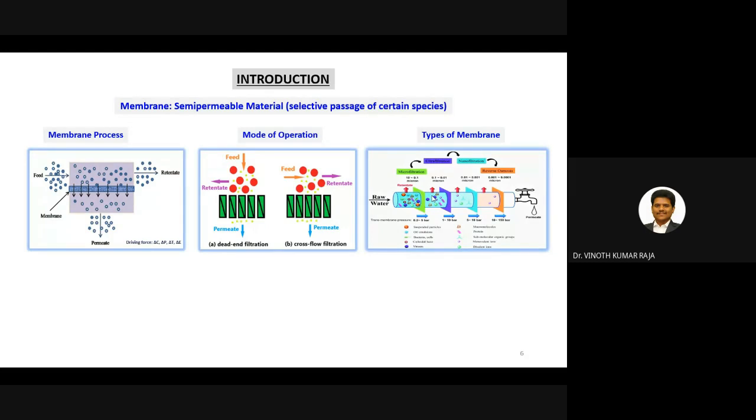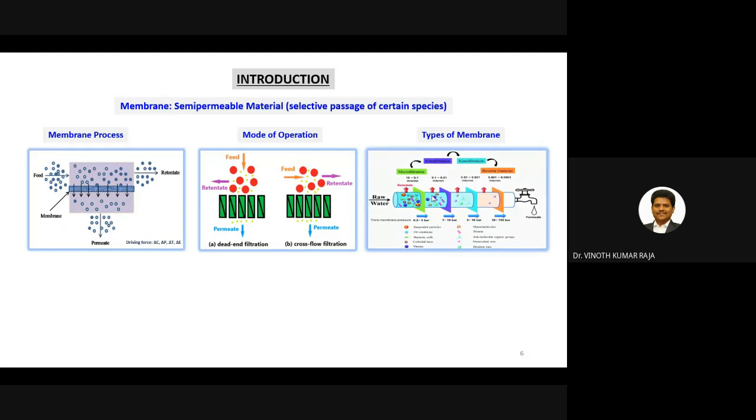Membranes with lesser pore size, ranging from 0.01 to 0.001 micrometer, are referred to as nanofiltration membranes. They can retain some small molecular organic compounds and divalent ions.